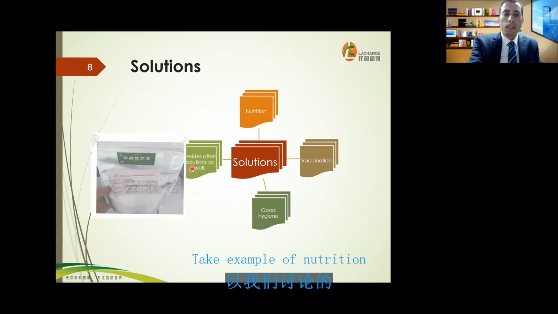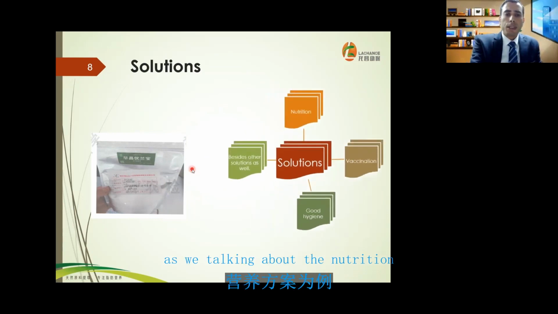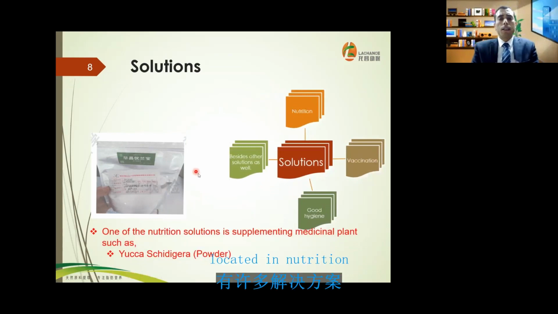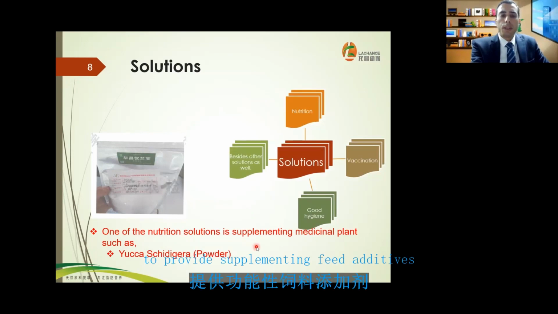Take the example of nutrition. As we're talking about nutrition, there are many solutions located in nutrition. One of them is to provide supplementing feed additives, such as medicinal plants, for example Yucca extract or Yucca plant.